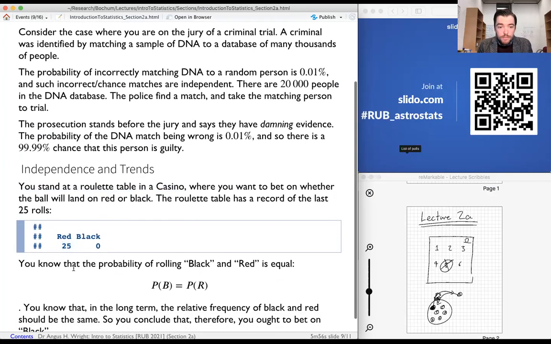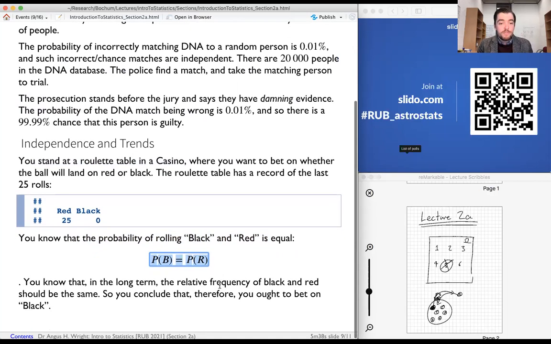So you know that the probability of landing on red and the probability of landing on black is exactly the same, because they have the same number of squares, the same number of possible outcomes, and the rolls are independent. So the probability of landing on red is 0.5, the probability of landing on black is 0.5.